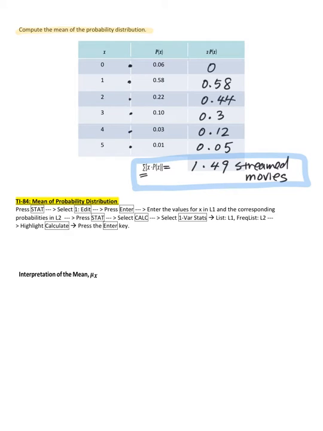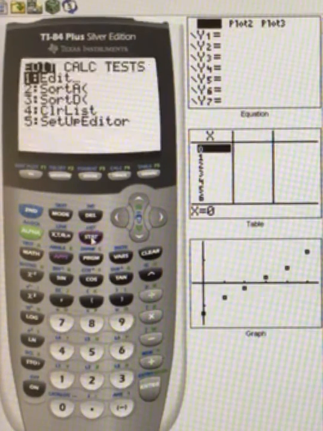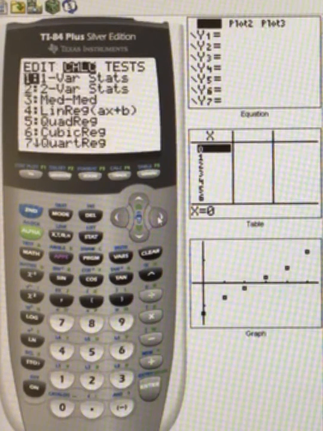Now let's use our calculator to find the mean. Take out your calculator. First you're going to type in your data in L1 and L2. I already did that. Under L1, you type the values of x, and under L2, you type the values of the probabilities. Once you've done that, go to STAT, then CALC, and we want number one, 1-Var Stats.